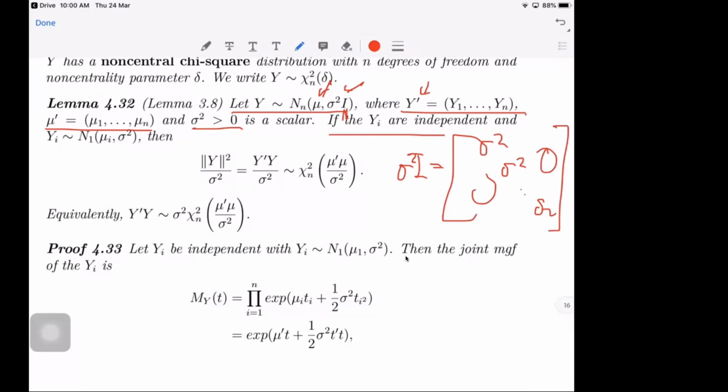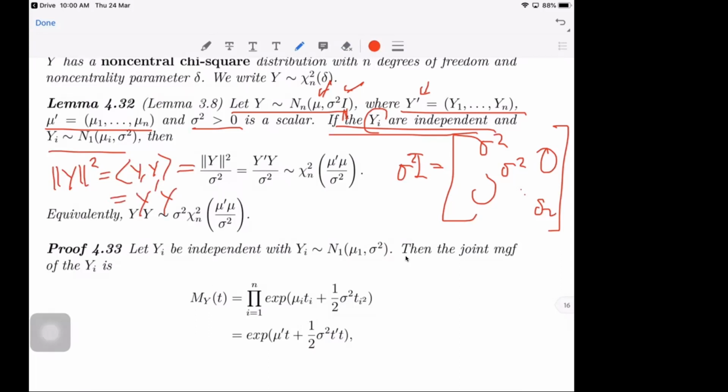Okay, there are very important assumptions for chi-square before you can conclude that it's a chi-square. Each of the yi here must be independent, and each of the yi must be normally distributed. So if you recall, the square norm of y is the inner product of y and y, but that is equal to y prime y, no?